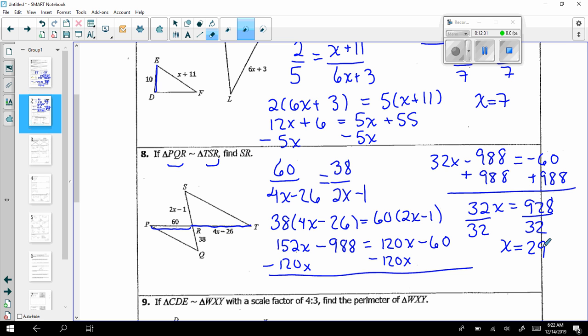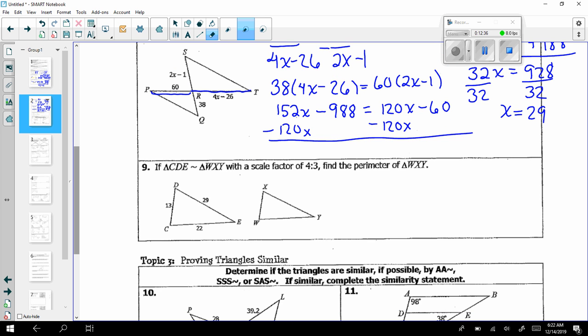Okay, so next one. If triangle CDE is similar to WXY with a scale factor of 4 to 3, find the perimeter. So let's think about this. If we know that these are proportional with a factor of 4 to 3, we can solve for each one of these sides separately, or we could just use the perimeter and just do one proportion.